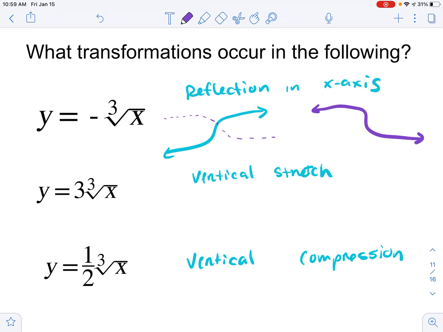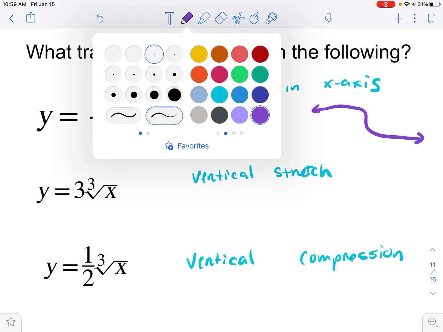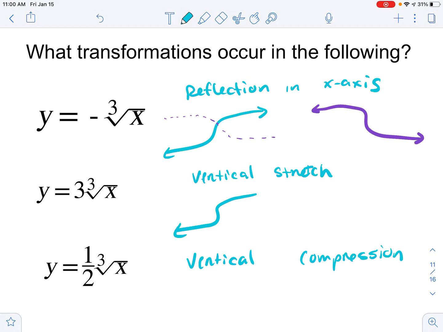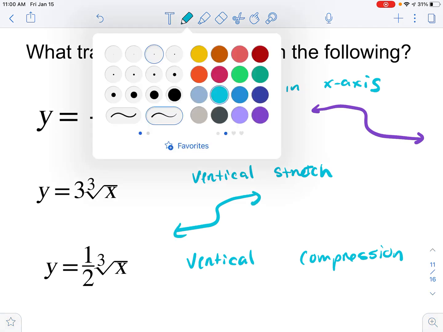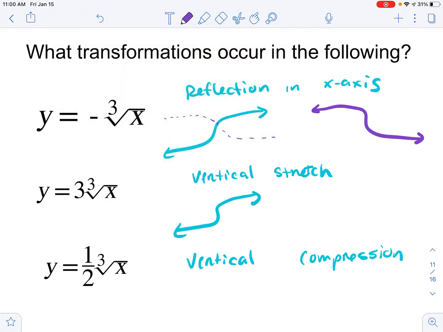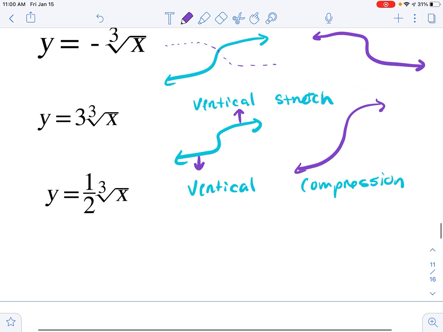Okay, now a vertical stretch, if we're thinking about the original, just like with the square root, the bump got bigger. Well, now both of these bumps are going to get bigger, but in opposite directions. So you're going to see it kind of get much bigger up and down with the vertical stretch. And the opposite for the vertical compression.